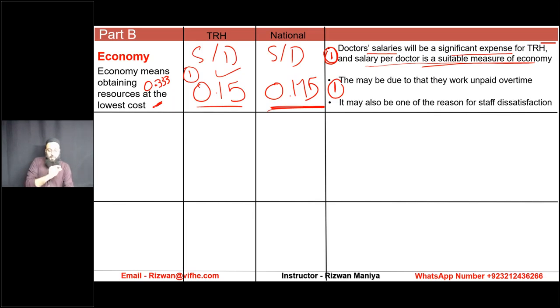So 0.33 marks, 1 mark for calculation, 1 mark for justification, and 1 mark for the measurement that we performed better than the national one. 3.33. Love it? Okay. The marking scheme.